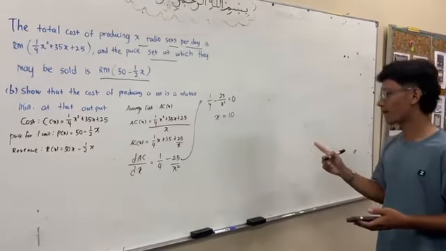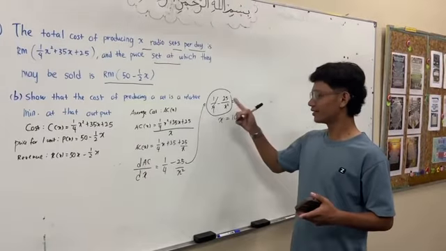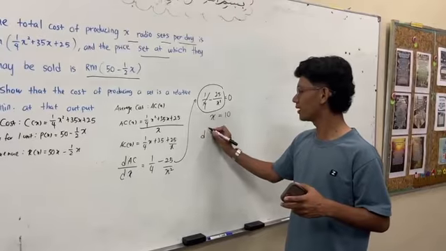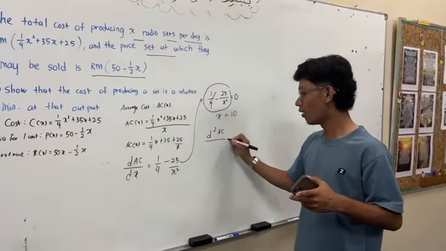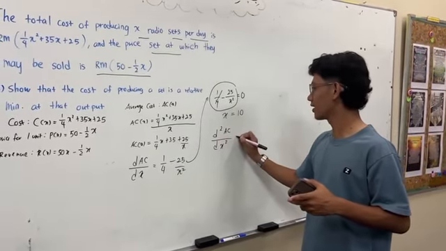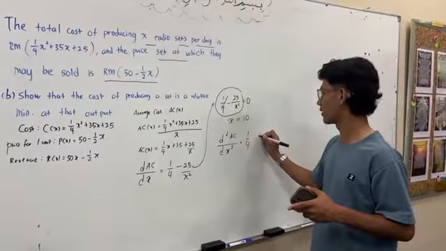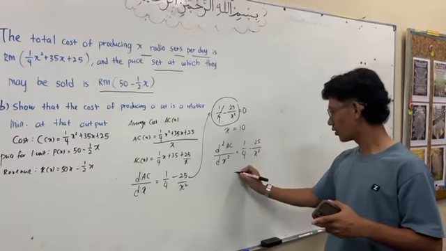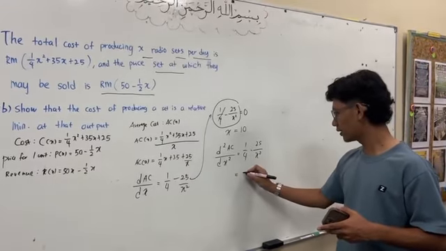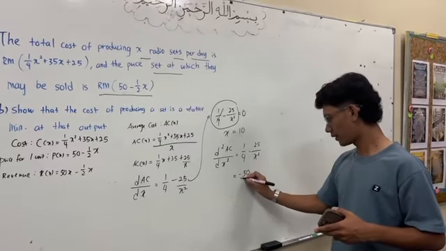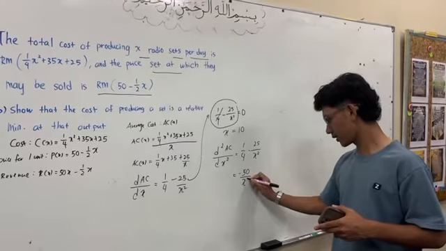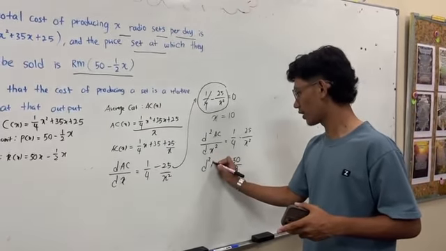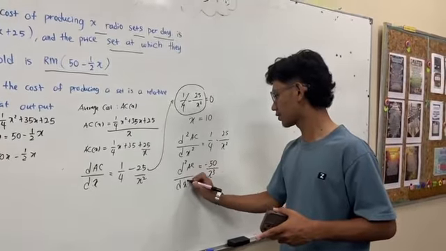Right, so we need to differentiate again, right? So d squared AC over dx squared, it will be 50 over x cubed. Right. So this is the d squared AC over dx squared.